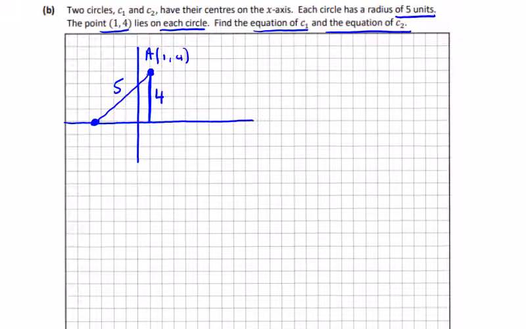So we can actually create a right angle triangle here, and we know the center has to be, if we take this point (1, 0), somewhere in that direction to make it 5. There's only going to be 2 exact points where it's 5, and the centers are on the x-axis, so this also has to be 5 out here.